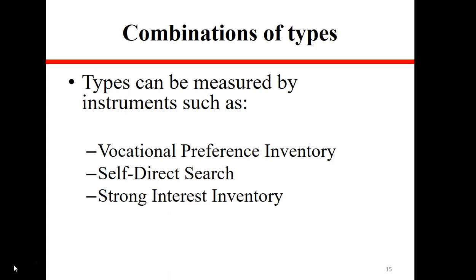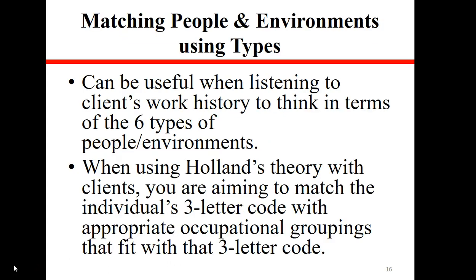And you will have an opportunity in a few minutes to try out a couple of variations that are based on Holland's 6 types. And what we're trying to do here is to match people and environments using the types. So it can be useful when you're listening to a client's work history and the things that they've enjoyed and the things that they haven't enjoyed, to think in terms of the 6 types of people and environments.